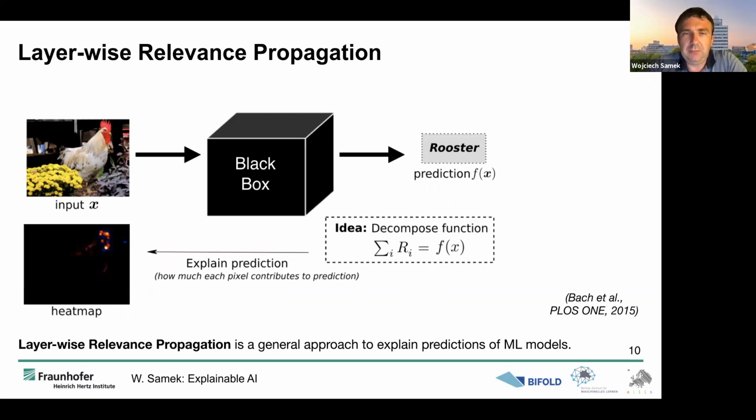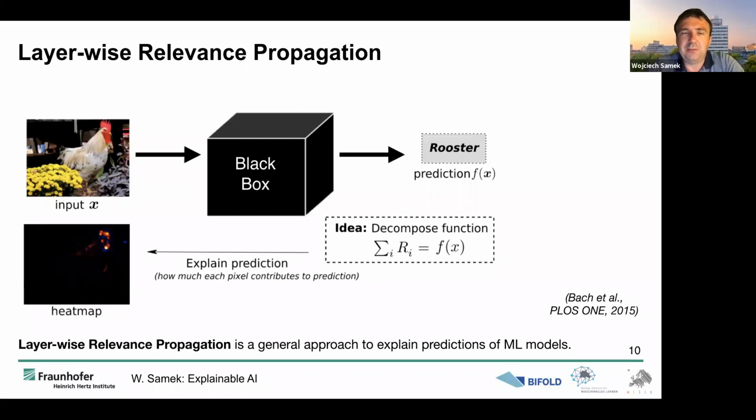The idea is that maybe I will first give you a high-level introduction and then tell you a bit more about it. The idea we initially had was to decompose the prediction. We have a model which predicts for this image that it's a rooster, for example. And what we wanted was a decomposition in terms of relevance values.